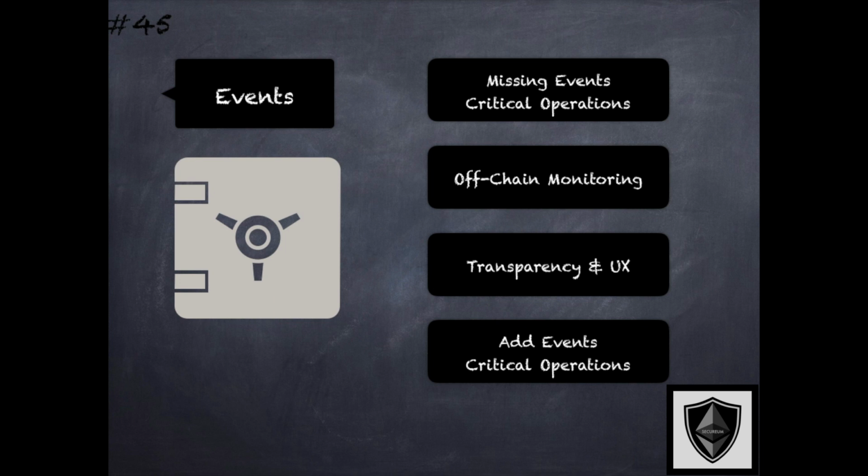And these could be updates to critical parameters from the smart contract application's perspective. These could be operations that are being done only by the owner or privileged roles within the smart contract. So in all such cases, events should be emitted to allow transparency and a better user experience.